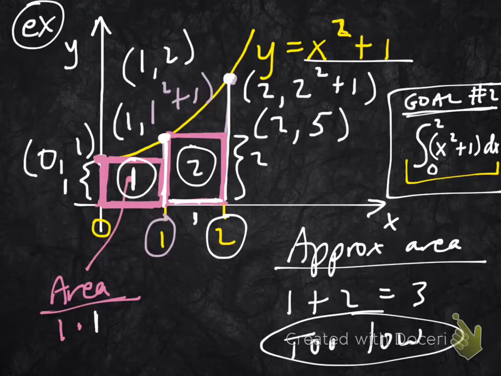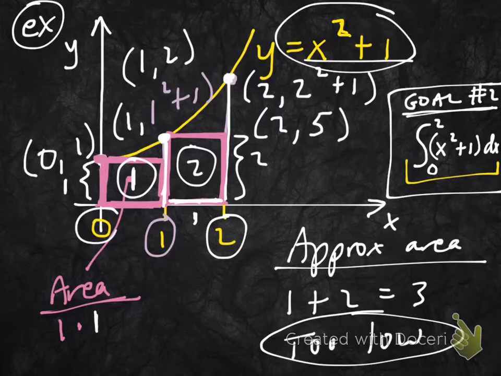In our first example of approximating area, we took the curve y equals x squared plus 1 on the interval from 0 to 2, and approximated the area under the curve using a left-hand Riemann sum with two subintervals.